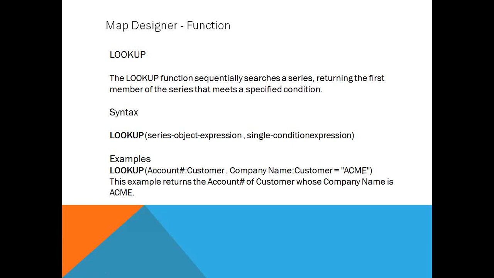Suppose there are 10 records having customer name ACME, it will return only the first value, the first occurrence. Even though there are 10 records having customer ACME, it will return only the first account number. Okay, clear?